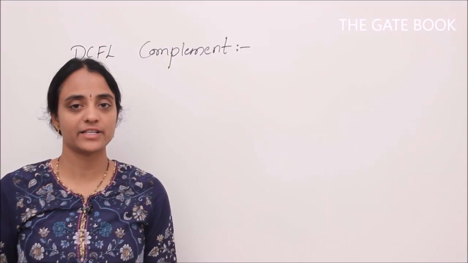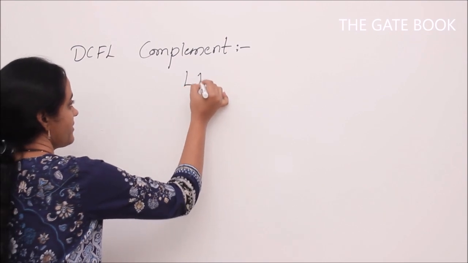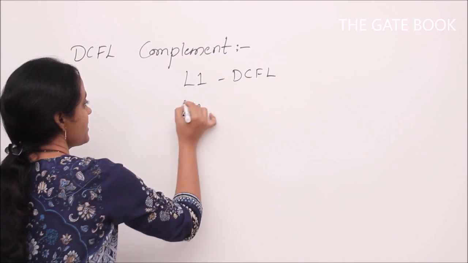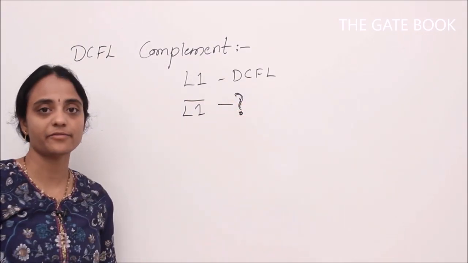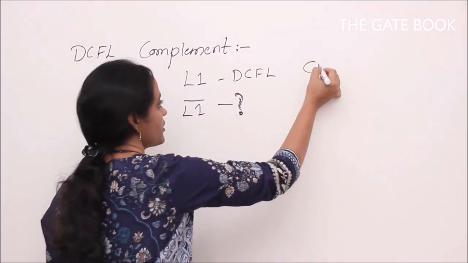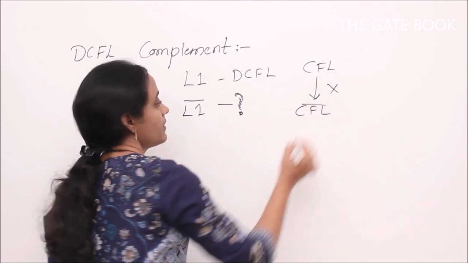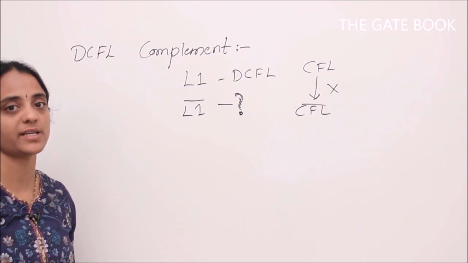Let's see whether DCFLs are closed under complement or not. So we take a language L1 which is a DCFL. Now the question is whether L1 bar is a DCFL or not. For CFLs we know that they are not closed under complement. But for DCFLs, is there a chance that the complement belongs to the same class?